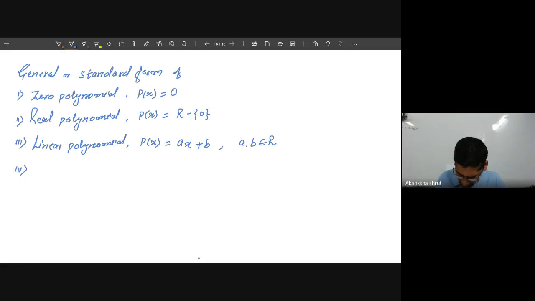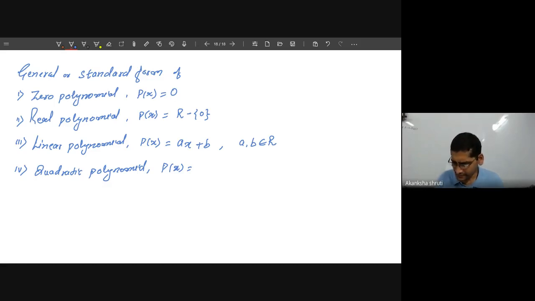The fourth one was the quadratic polynomial. Quadratic means the degree is 2, so the x square term must be present. No term higher than x square should be present, but lower degrees of x may or may not be present.